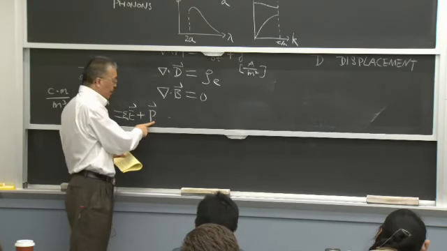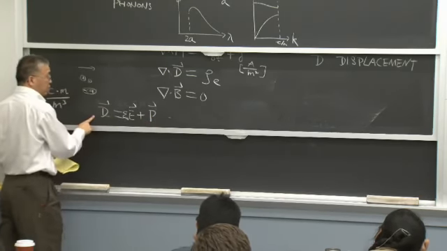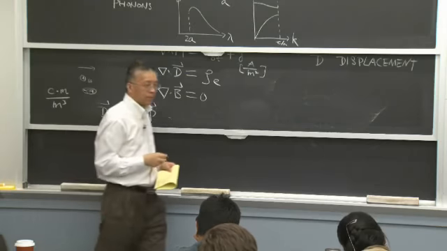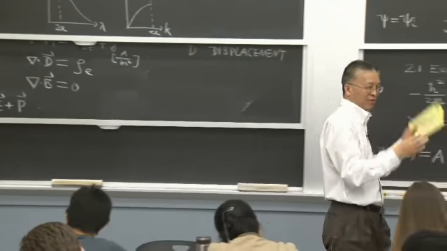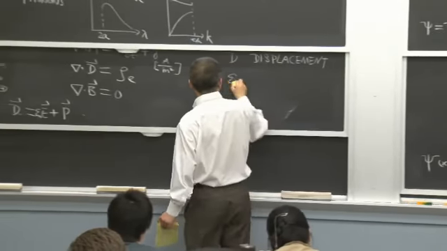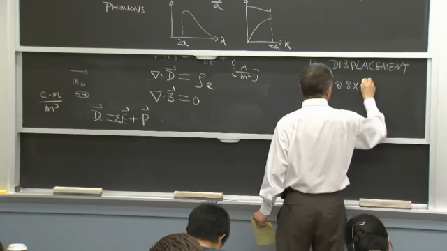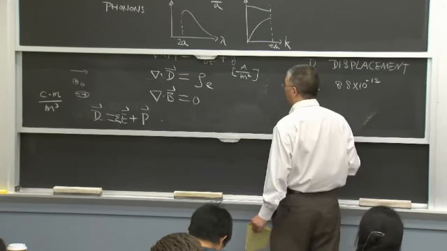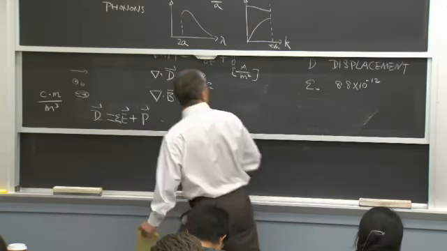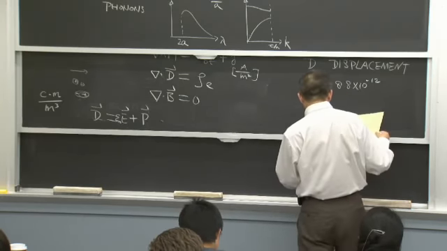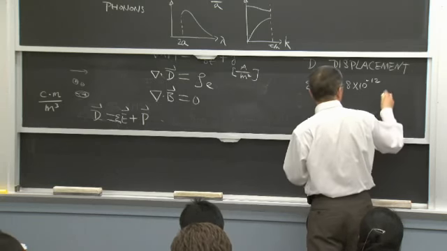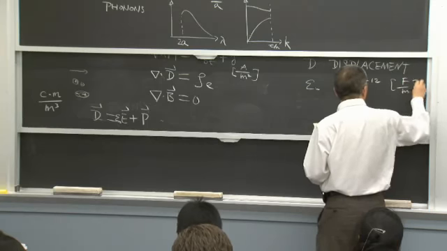From this, you find epsilon 0, the vacuum permittivity, which is 8.8 times 10 to the minus 12, in farad per meter.